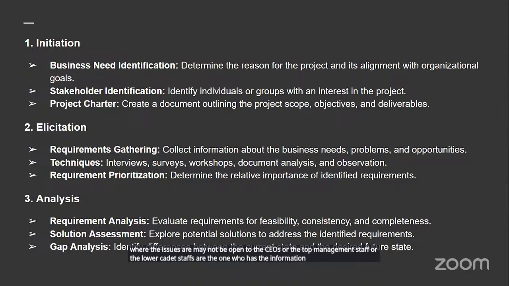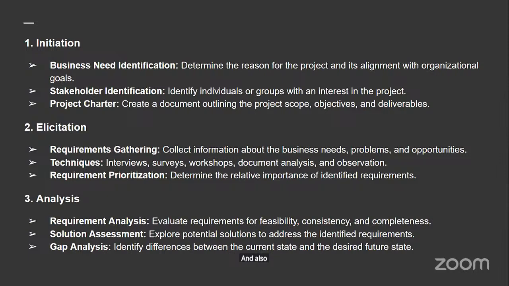So you need a one-on-one interview with the staff, and also surveys can be done when the staff are not willing to sit with the analyst, maybe for fear of being singled out. You can just distribute a survey through email to staff to fill and submit, from which you pick up what you want.